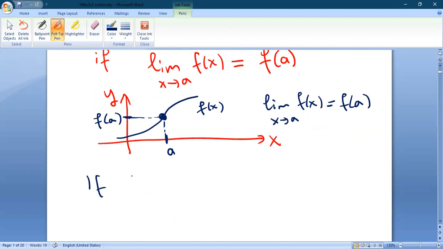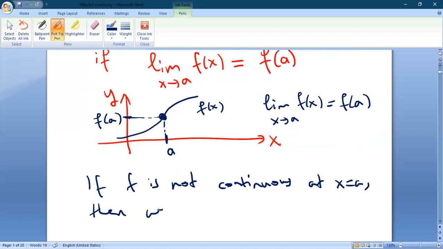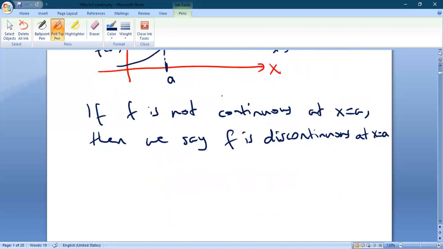Well, if f is not continuous at x equals a, then we say f is discontinuous at a, which can also happen. So, for instance, some examples.